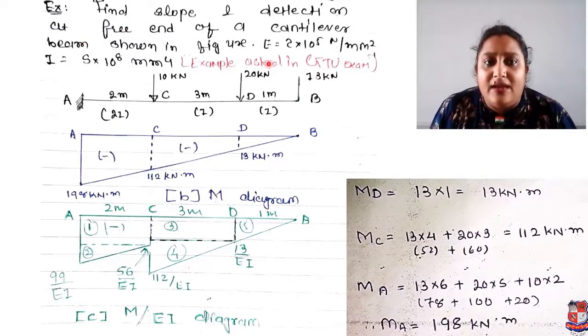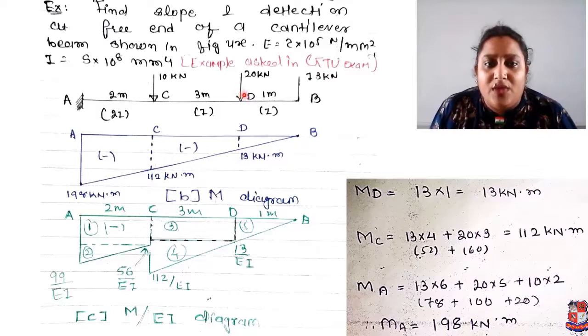Okay, and as per the figure, the figure is already given. If we go through the figure, there is a cantilever beam A to B. In between, at C point, at D point, and at B point, loads are given. At B point, 13 kilonewton load is given.